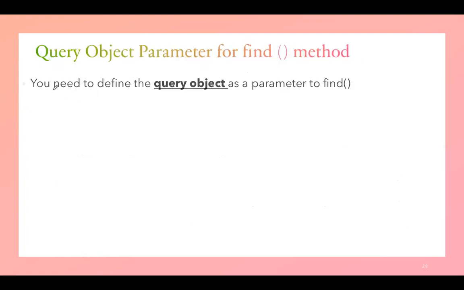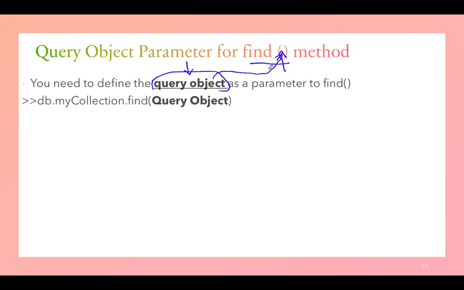So you need to define the query object. Remember, you had this find, and inside the find, we had to pass some parameters, right? So what we will be doing here is creating those query objects, basically the query statements, basically the criteria, basically those constraints, and then we will be passing it to the find method to be able to do our query, right?